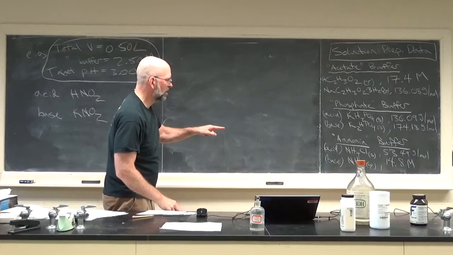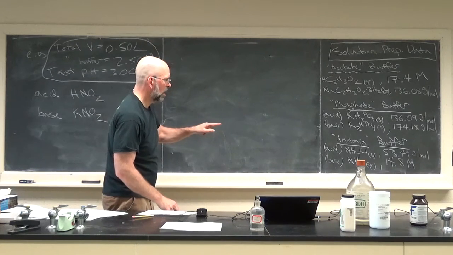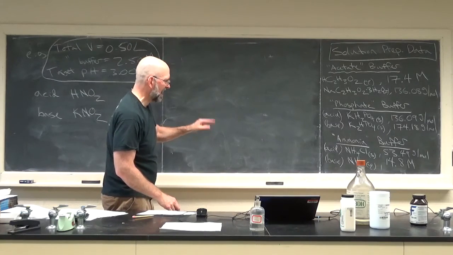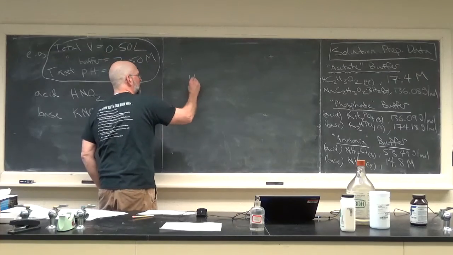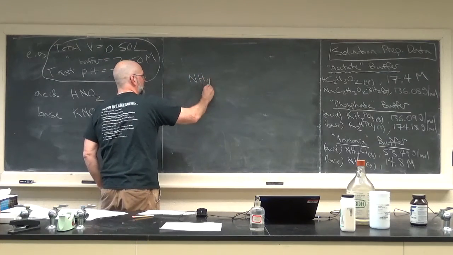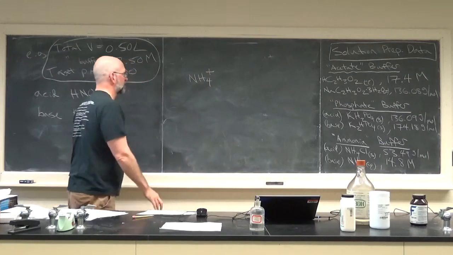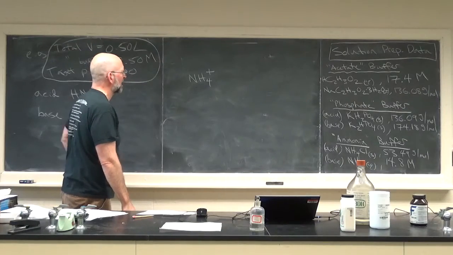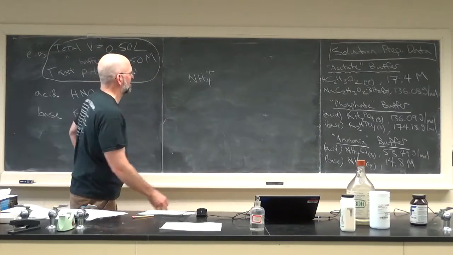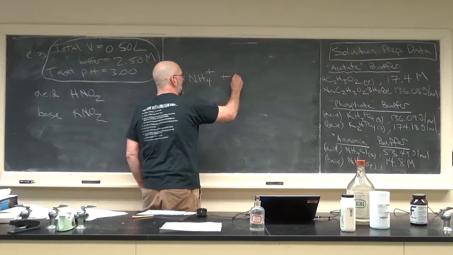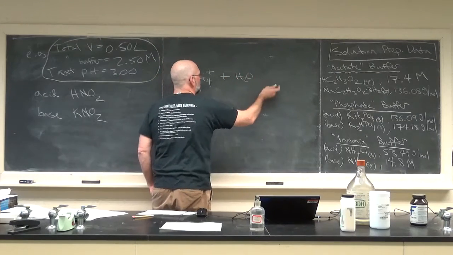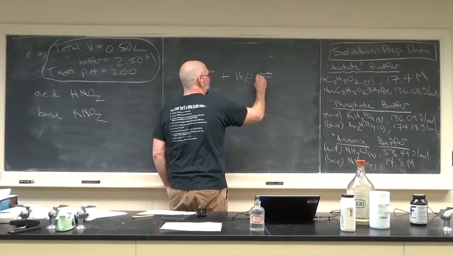So in an ammonia buffer, ammonium is the acid, and I don't know if you've talked about this in lecture, so ammonium is the acid. And we write it typically in a slightly different way. We actually show it reacting with water. It doesn't really matter when it comes to the Ka.